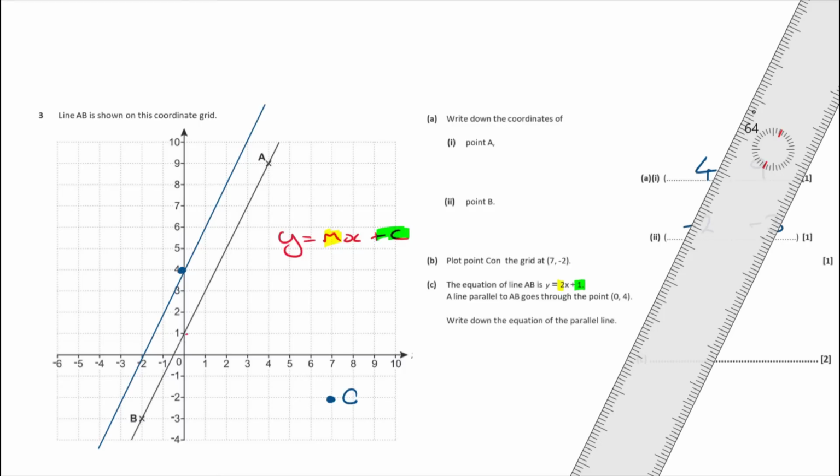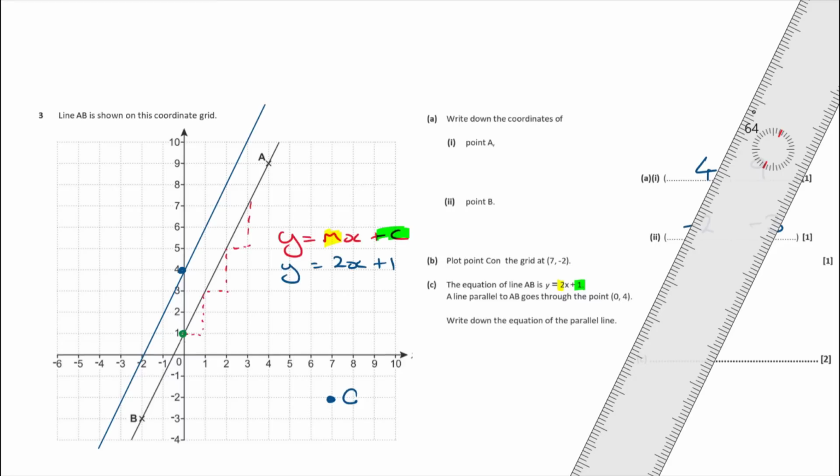For every 1 unit you go along, you go 2 up. So that's why it's got a gradient of 2. And the y-intercept is 1 because the line passes through the y-axis at the value of 1. So the equation of this line is y equals 2x plus 1.